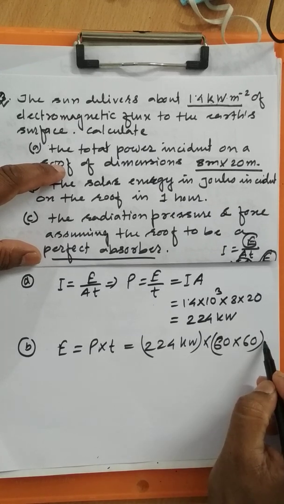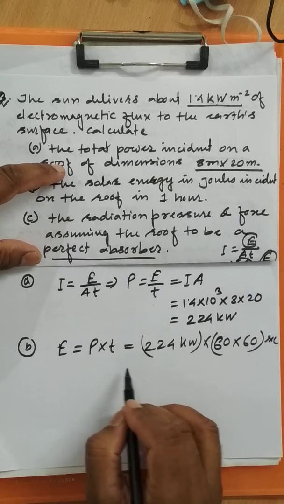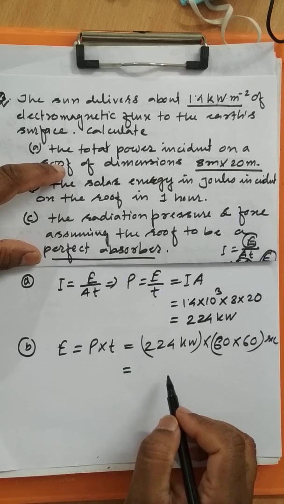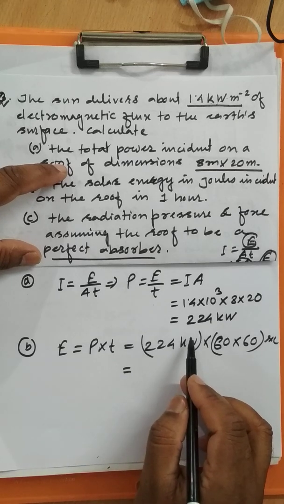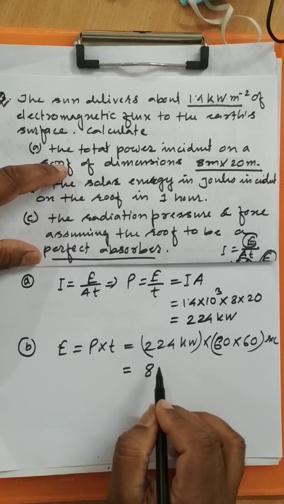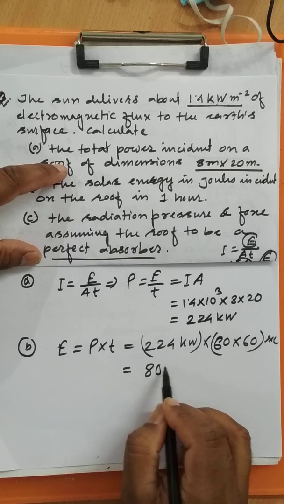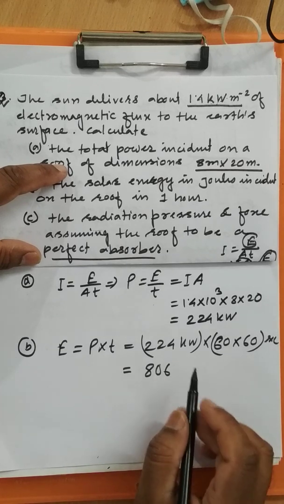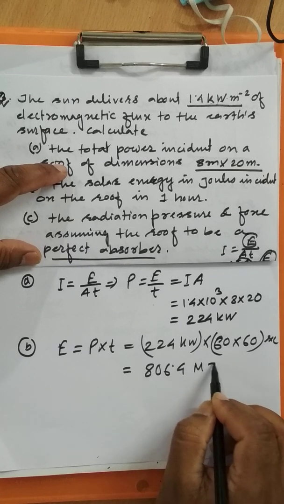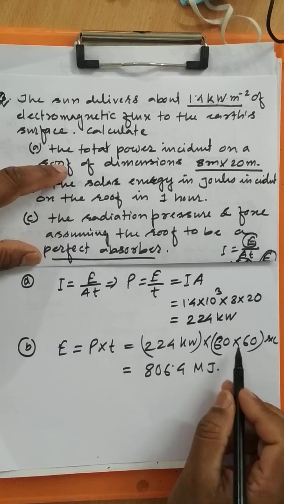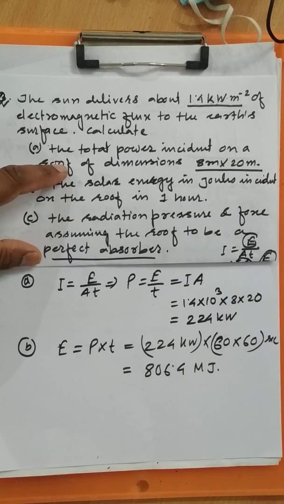So when you multiply this, it will come out as 806.4 million joule. This is the answer of this one. You calculate it, you will get this answer.